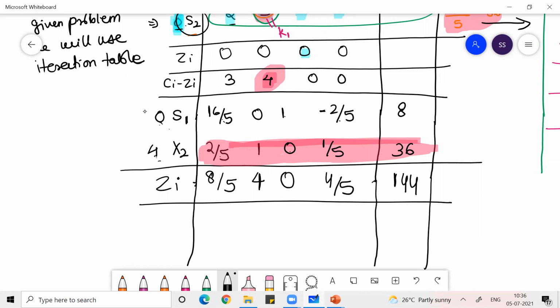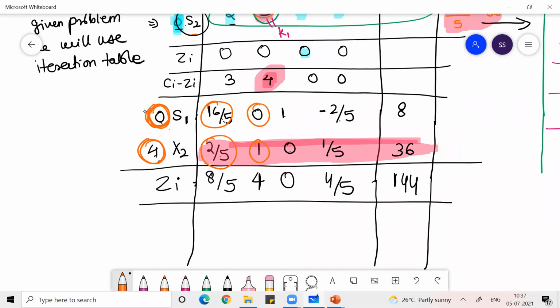So you got Ci, you got the Zi values. Zi is nothing but 0 into 16 by 5 plus 4 into 2 by 5, you'll get 8 by 5. 0 into 0 plus 4 into 1, you'll get 4.